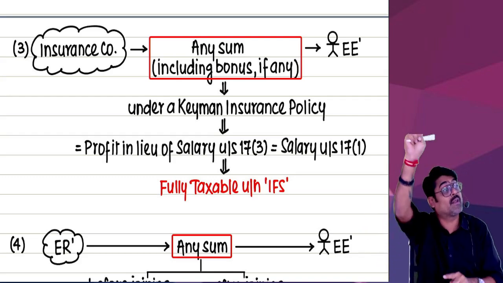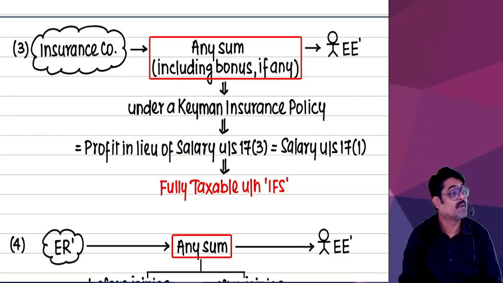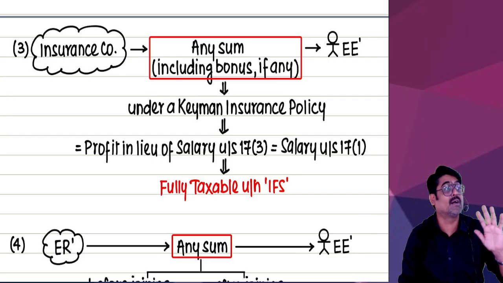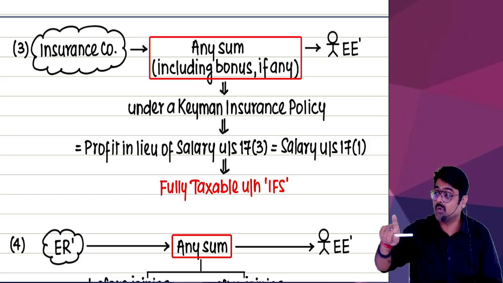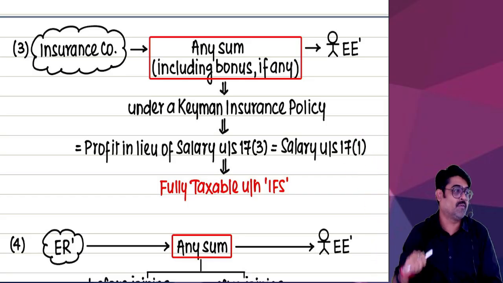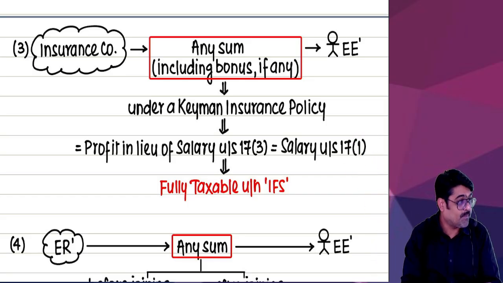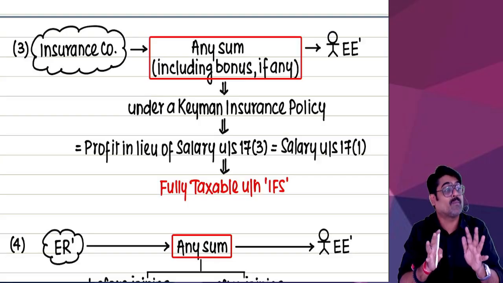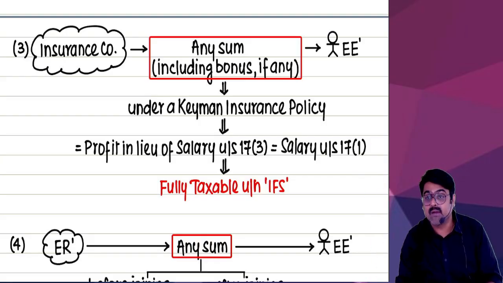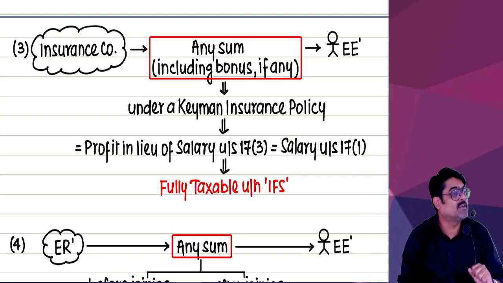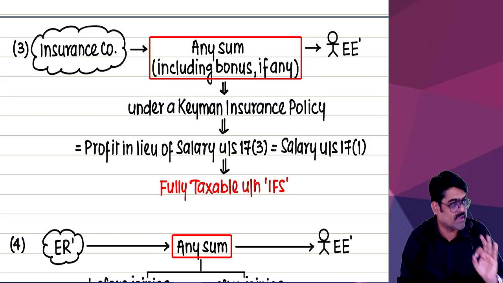But if it is not getting taxable under salary also, if it is not getting taxable under PGBP also, then this amount will be taxable under the head IFOS. When this will happen, when to tax this amount under salary, when to tax this amount under PGBP, when it will be taxable under the head IFOS, what is Keyman insurance policy, each and every discussion will happen with IFOS.